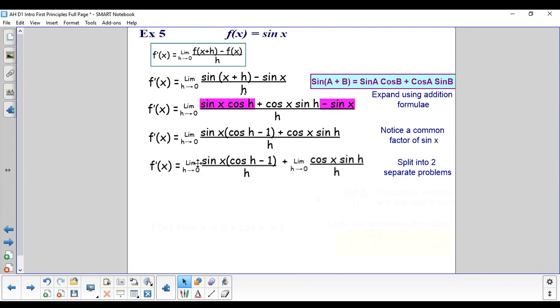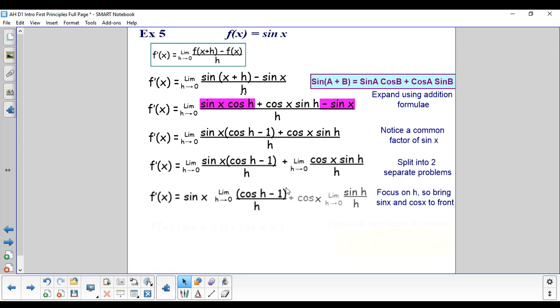What you'll also notice is we're looking at as h tends towards 0, so we're only interested in the h part of it. So we're going to pull out the sine x and the cos x to the front. So that means the sine x comes out, but we still have all of that looking at as it's tending towards 0, and pull the cos x out as well. This is where those fancy calculations come in.